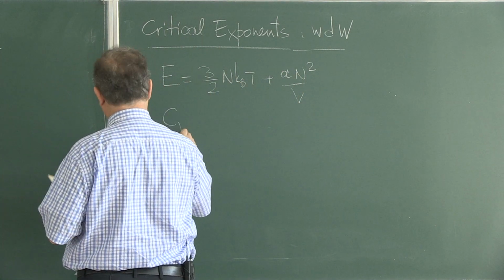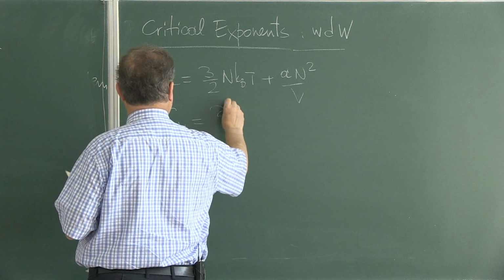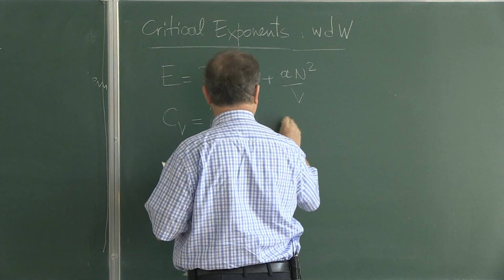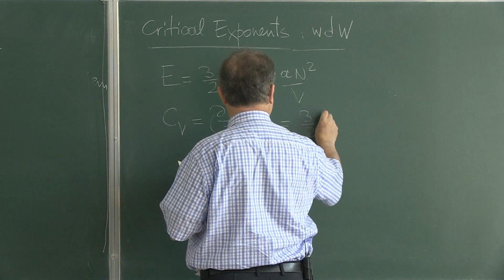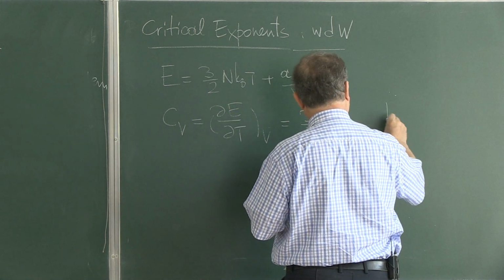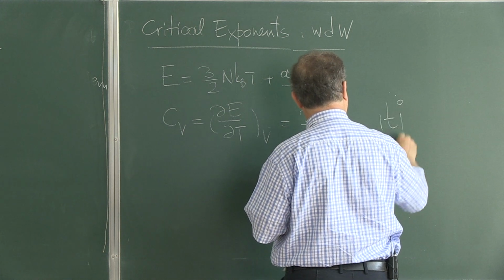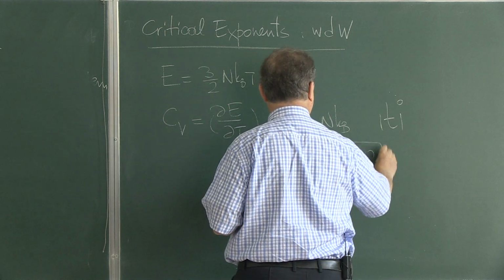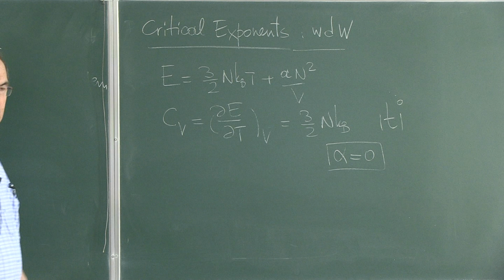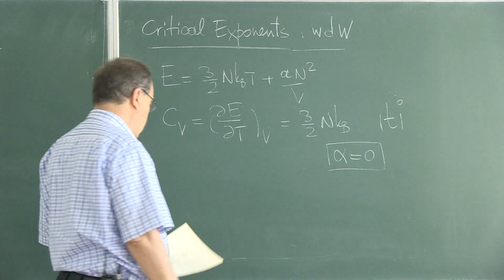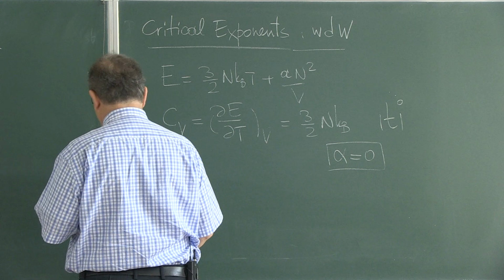So this gives a heat capacity, d/dT at constant V, which goes like 3/2 nkB, and this corresponds to T to the power 0, isn't it? A constant means something to the power 0. So alpha is found to be 0.